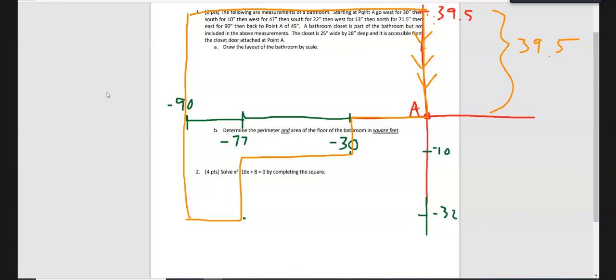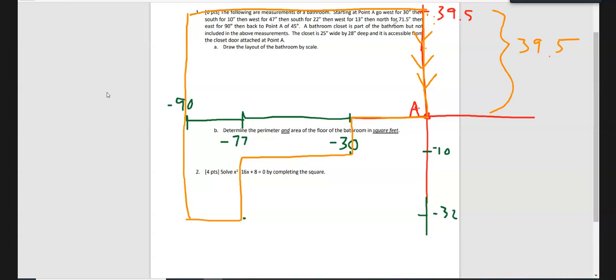Yeah, I'm a touch lost on why they're saying, it says back to point A of 45 inches. Okay, I'm going to ignore that piece of information because I think that it's wrong. A bathroom closet is part of the bathroom, but not included in the above measurements.